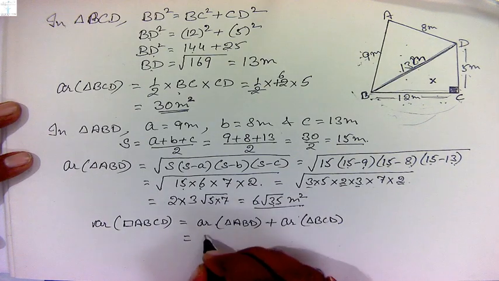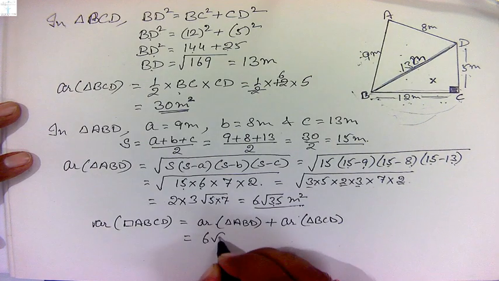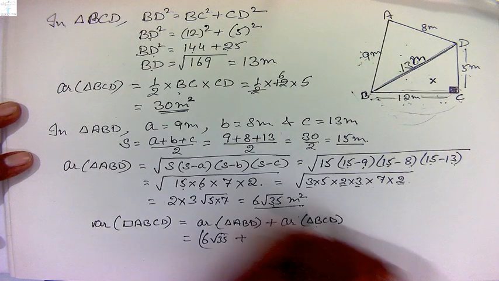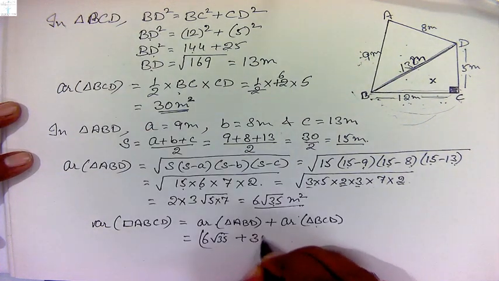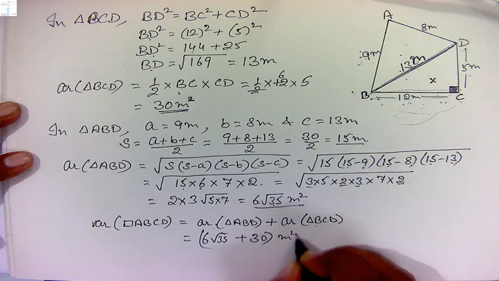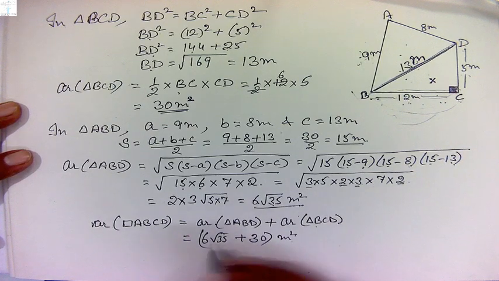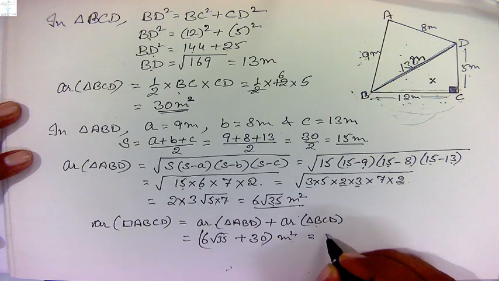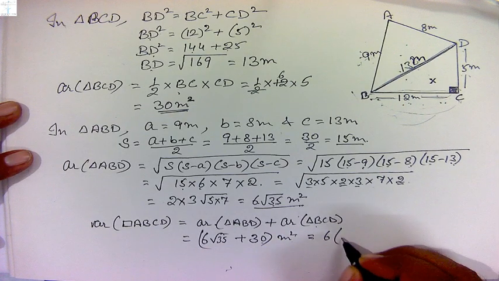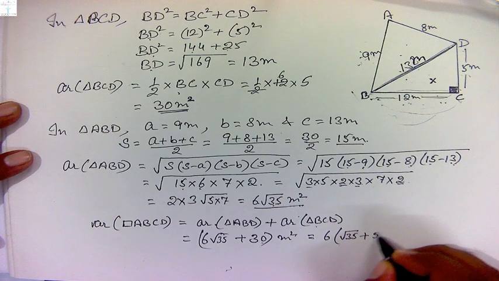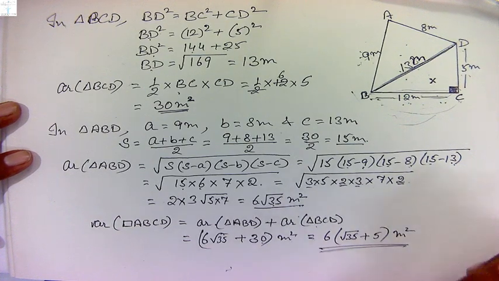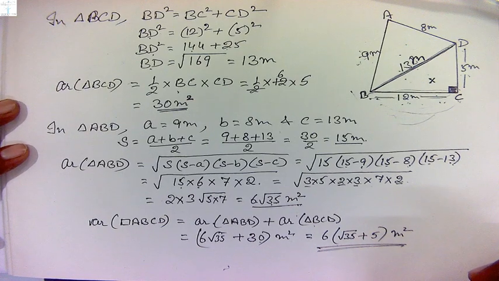So area of triangle ABD is 6 under root 35 plus area of triangle BCD is 30 square meters. Now here the maximum you can do with this is take 6 common. Taking 6 common, you have under root 35 plus 5. So this will be your area of this quadrilateral.